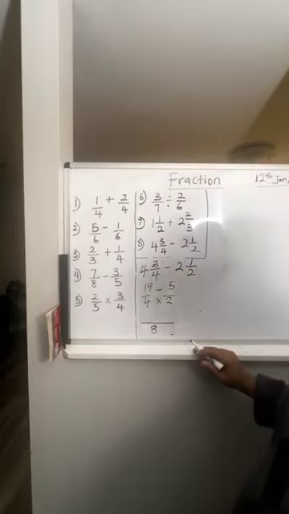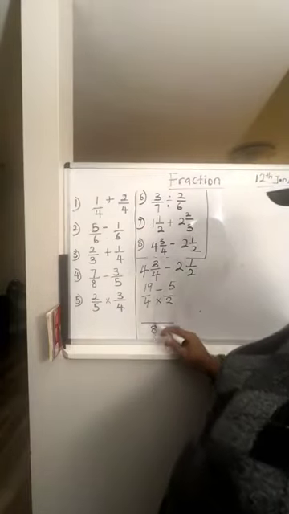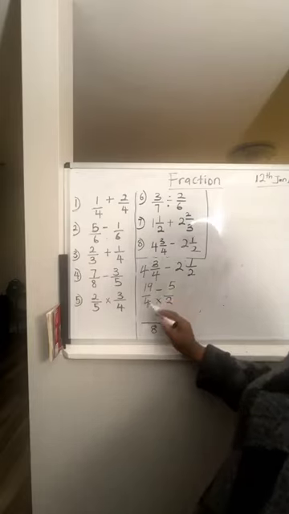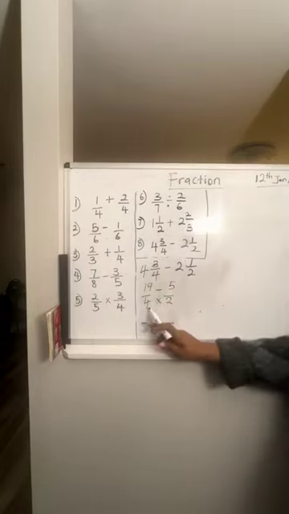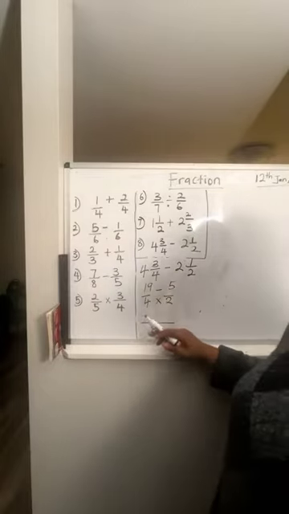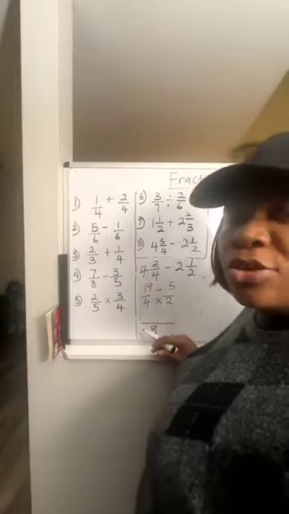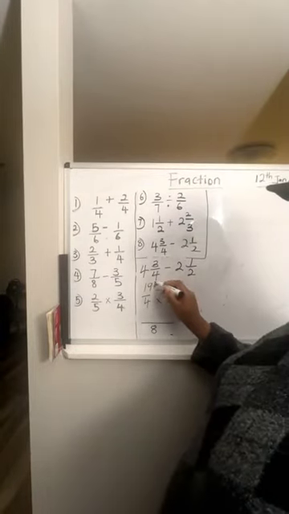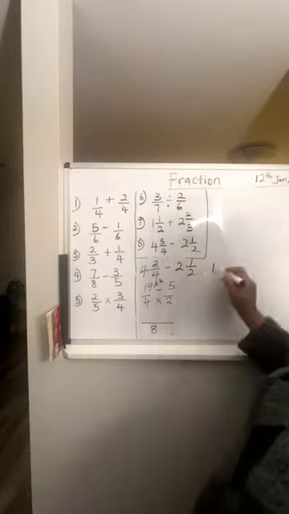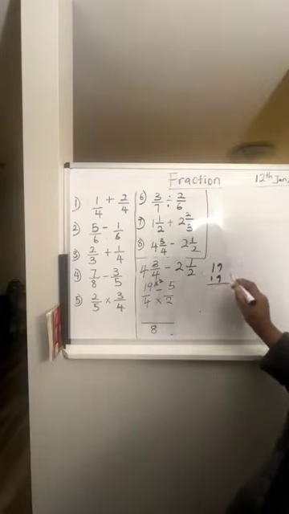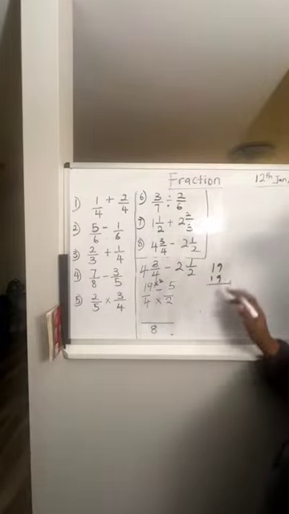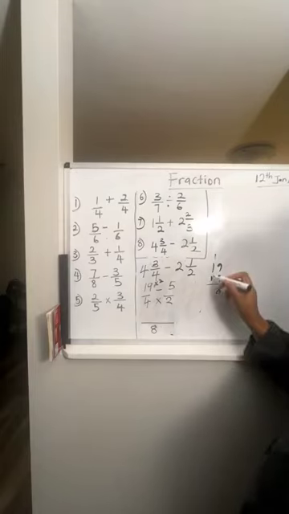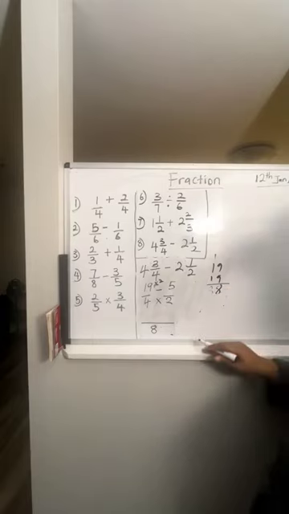So what do we do here? 8. We are going to use 8 to divide 4. If you use 8 to divide 4, you will get 2. Then you multiply your 19 by 2. 19 by 2 will give you 38.